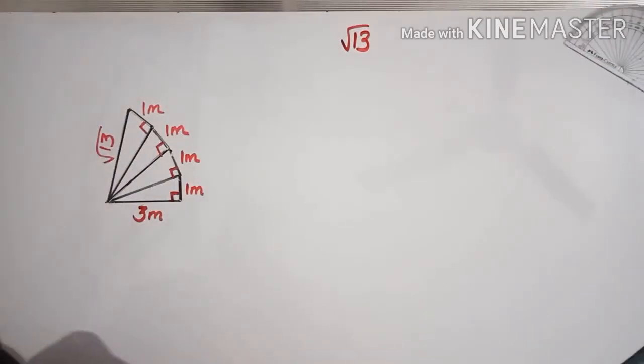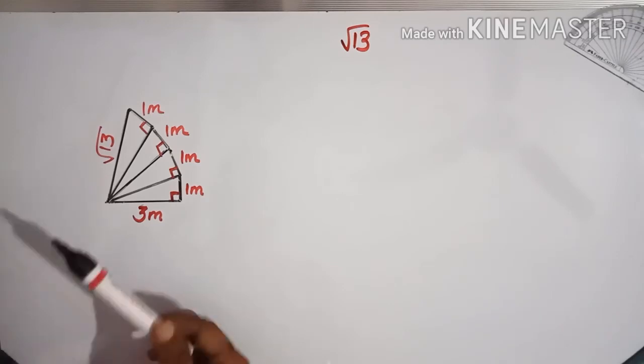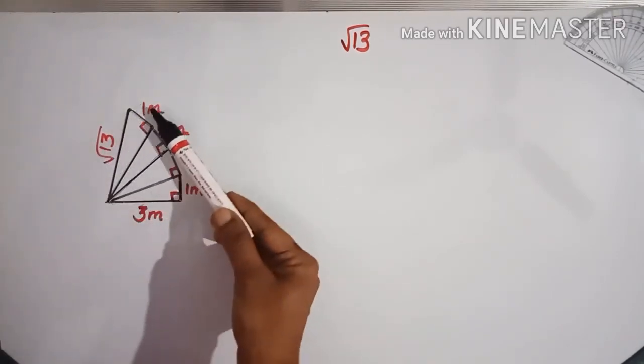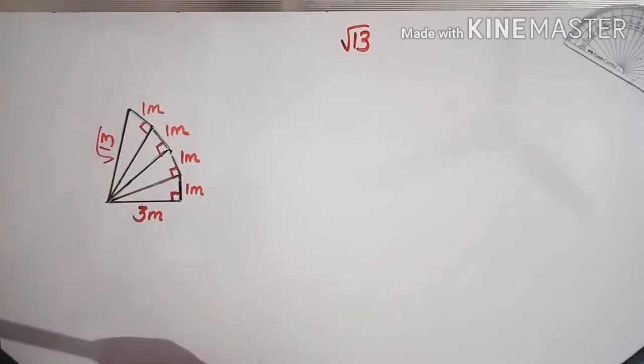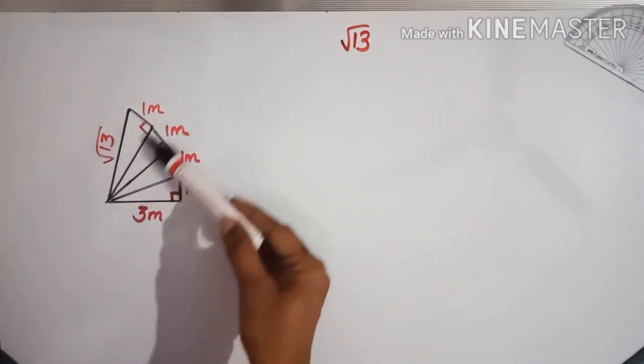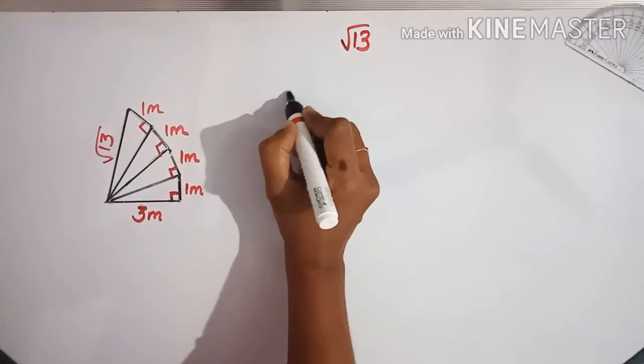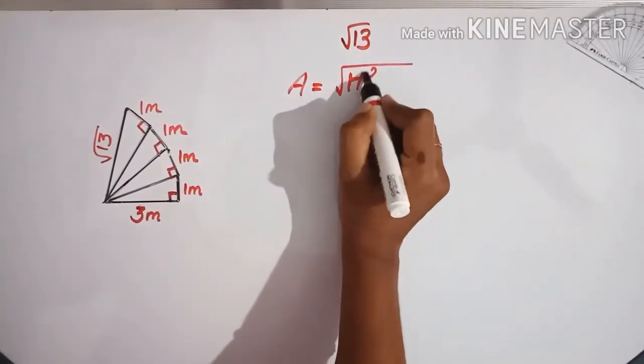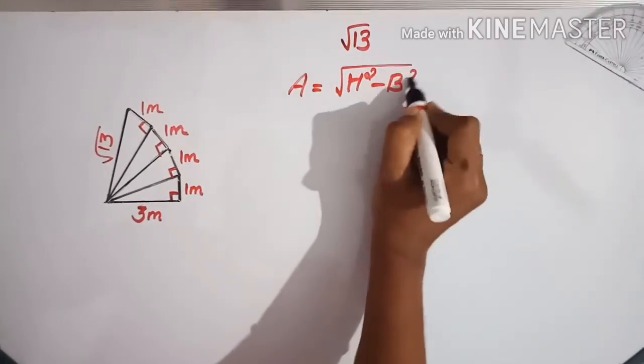Okay, root 13 we have to draw. If we draw a right triangle with the hypotenuse as root 13 and base as 1 meter, then what will be this altitude? Altitude equals root of hypotenuse square minus base square.